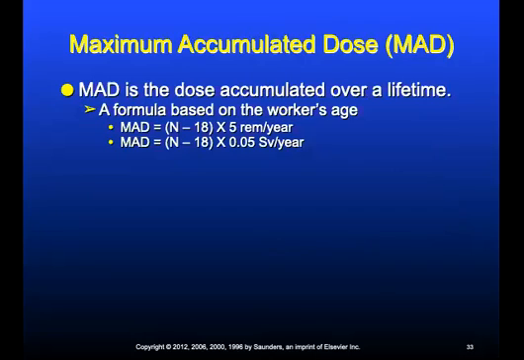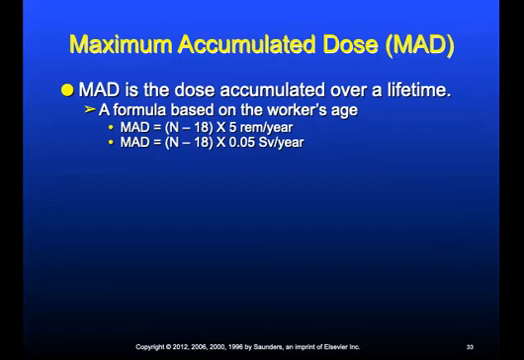The maximum accumulated dose is a little different from the previous term. This is the dose accumulated over a lifetime that's acceptable. It is a formula based on the worker's age.